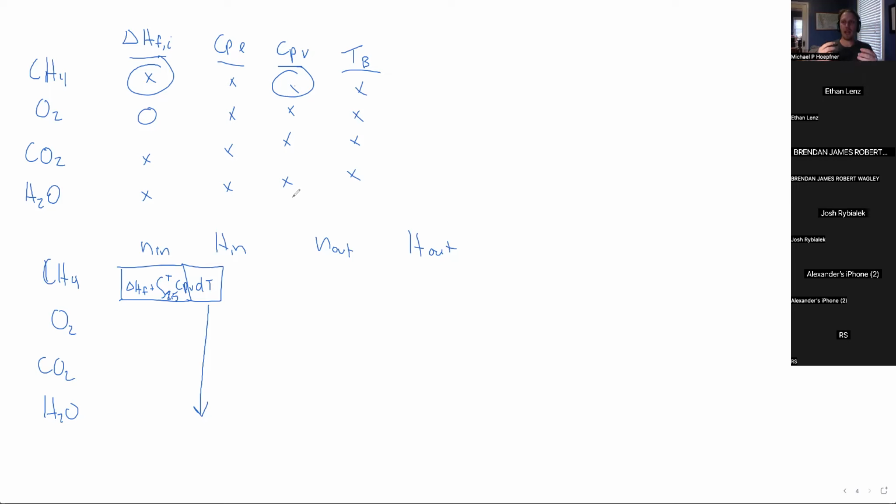Once you understand that, you just have to choose pathways to calculate delta H's that go through data points where you have those physical property measurements. So depending on what access to data you have, you may have to choose slightly different pathways for different systems. So in this case here, the heat of formation of water, CO2, oxygen, and methane, all of those are available in the vapor state.